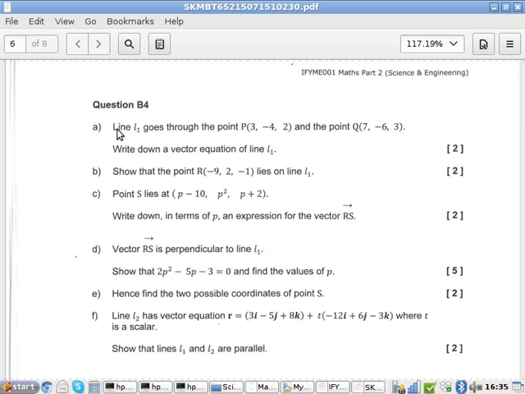Is it Y equals to? When you're writing an equation of a vector, it's r equals A plus TAB.